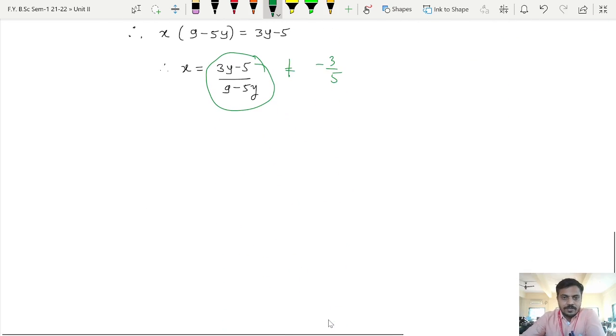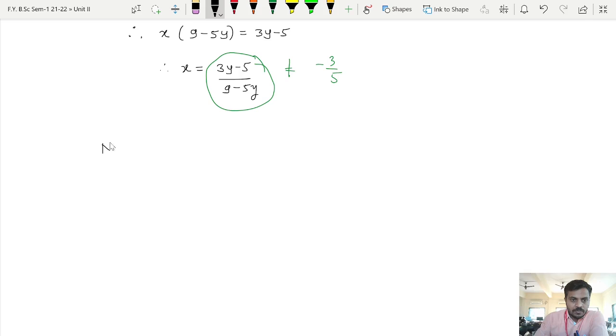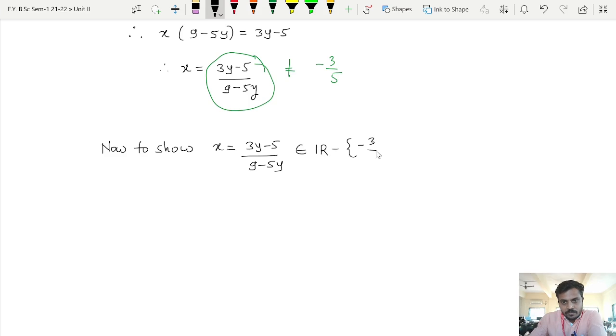So what I will say here is, to show that this x, which is equal to (3y minus 5) upon (9 minus 5y), belongs to R minus {-3/5}, we have to show x is not equal to minus 3 upon 5, and we are going to prove it by contradiction.